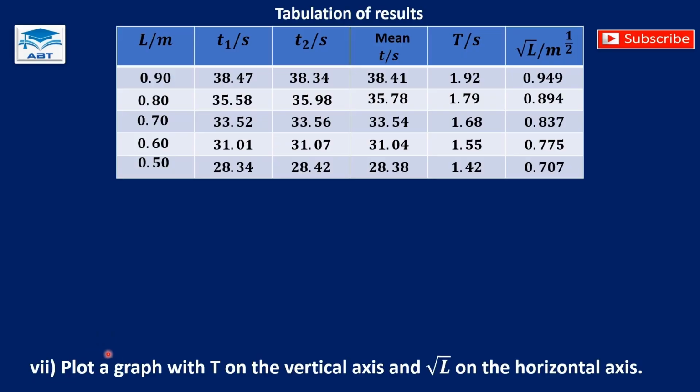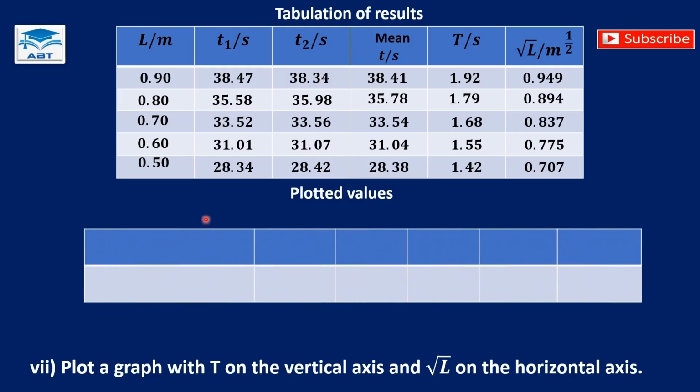And we are going to plot a graph with T on the vertical axis and root L on the horizontal axis. So now, for the values of T, the first value is 1.92. And to plot 1.92 directly on the graph is going to be challenging.